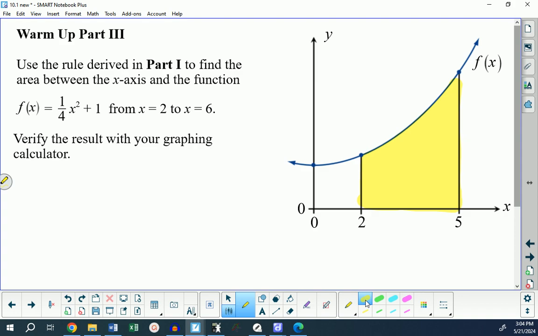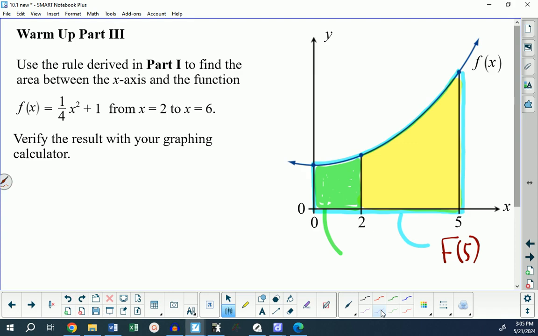But I can find this area, which is the area between 0 and 5, or F of 5, and subtract from it this area, which is the area between 0 and 2, and that should leave me the area between 2 and 5.